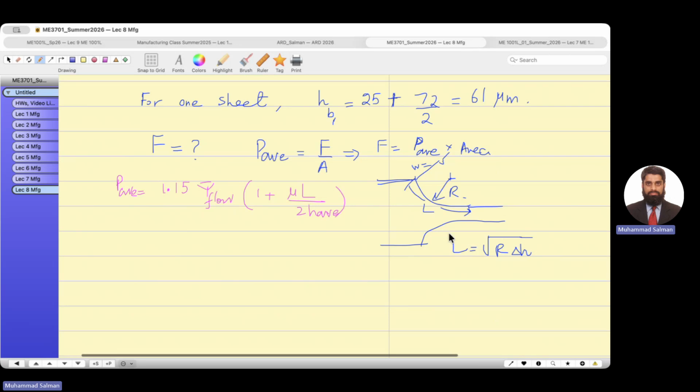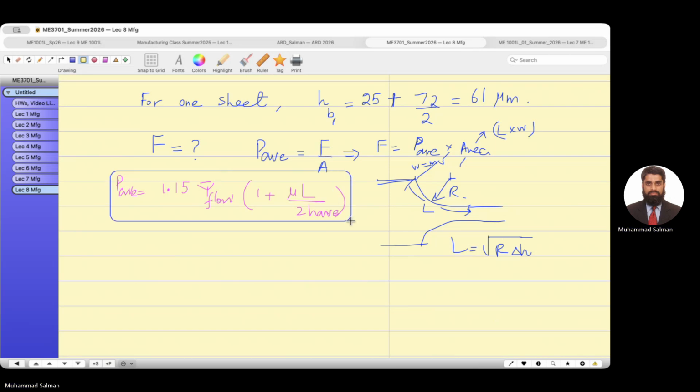So this sheet is 3 meter wide times L. So the area would be L times W, and P would be this formula. So you just have to find out the unknowns, P average first. Let's do P average first.